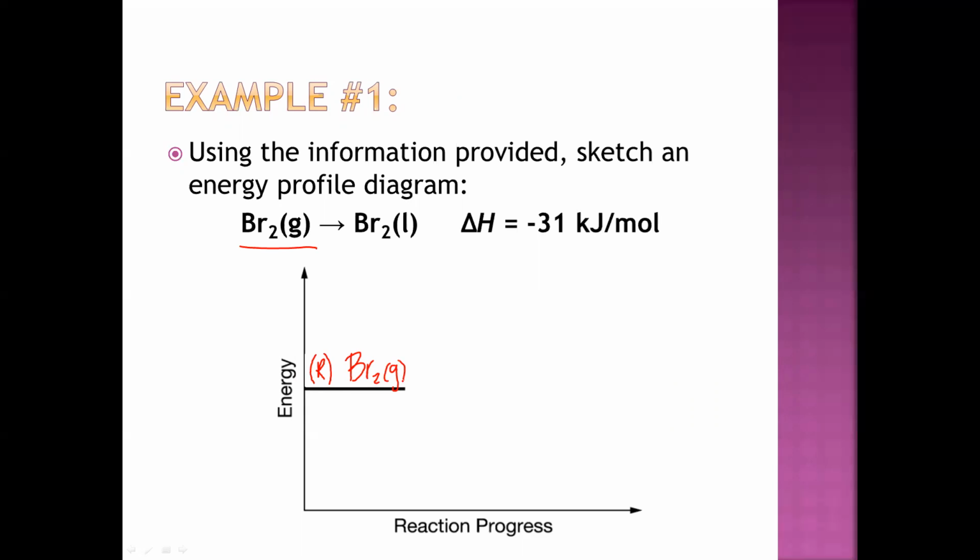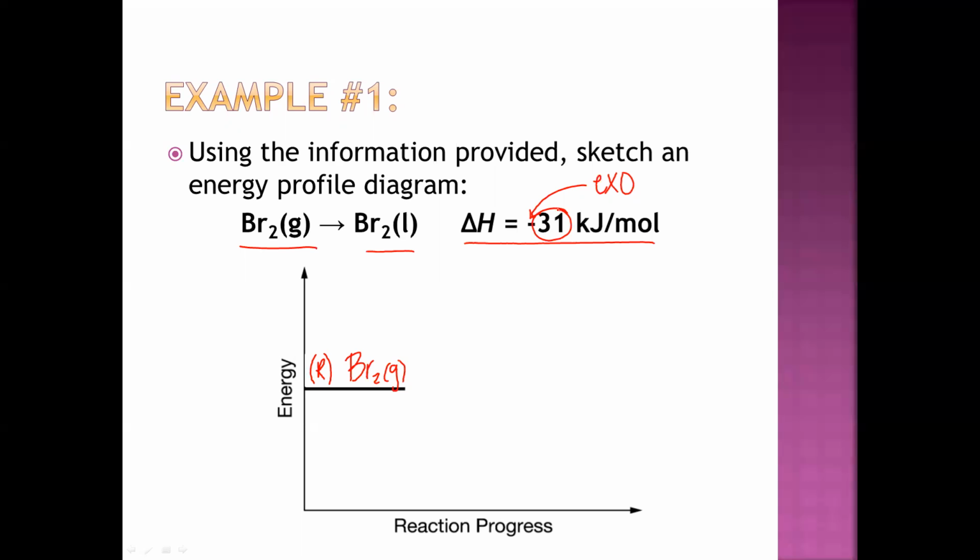Now our product, the Br2 liquid, we're going to place that, but it all comes down to whether this was an exothermic or an endothermic reaction. Well, looking at our delta H, we can know right away. Since it has that negative sign, we learned in chapter 17 that negative means exothermic. So that means that the height of the products is going to be lower than the height of the reactants, and it's actually going to be 31 points lower.